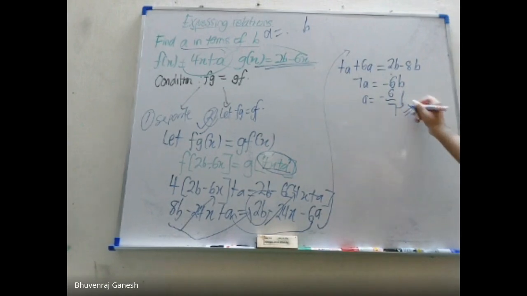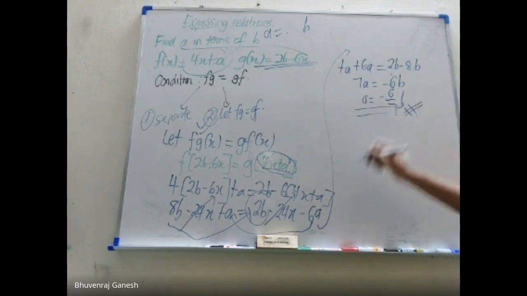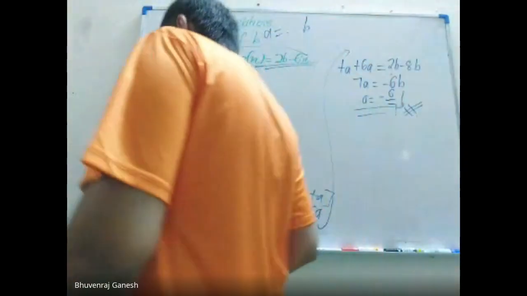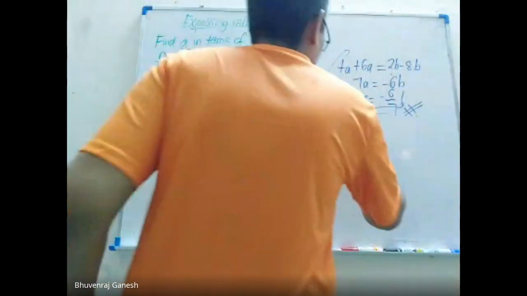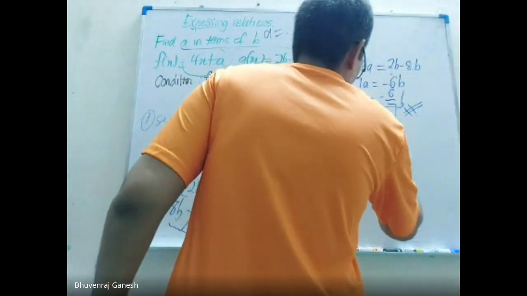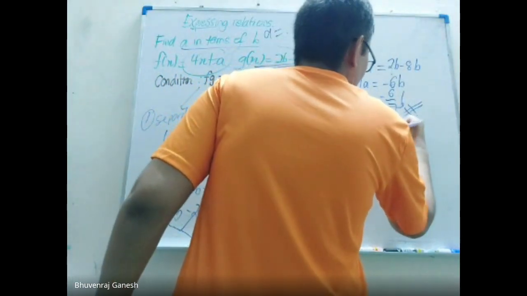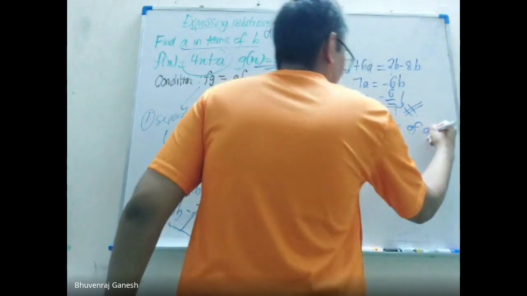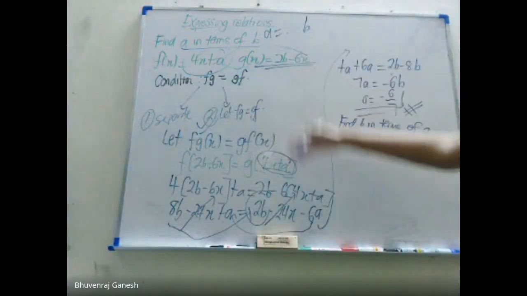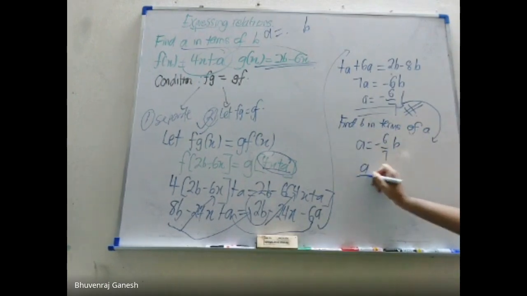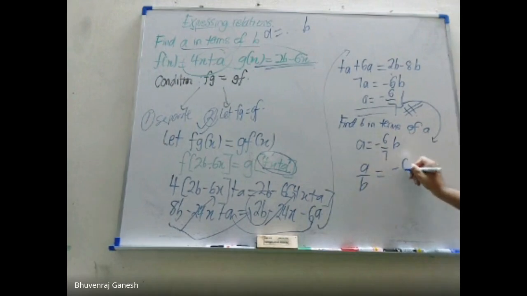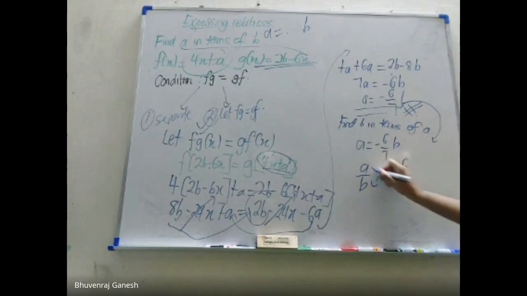Done. This is what I mean by express. You get a on the left-hand side and b on the right-hand side. So let's say suddenly they ask you, I don't want this, I want b in terms of a. How to do suddenly? So you can directly do from here. You don't need to start the whole thing all over again. Copy back this. I can shift the b here, and then I cross multiply.